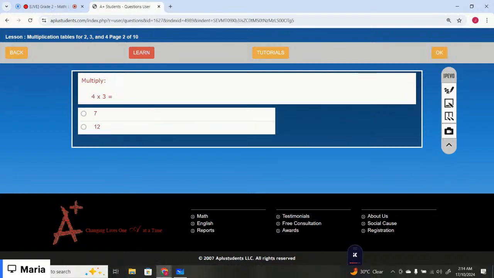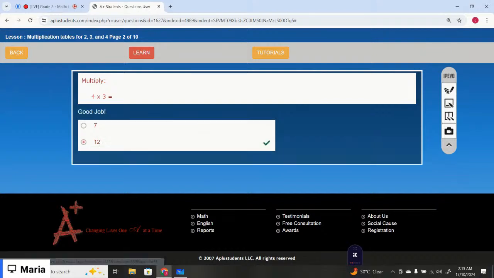The next one is 4 times 3, which is the correct option? Very good. 4 times 3 is 12.